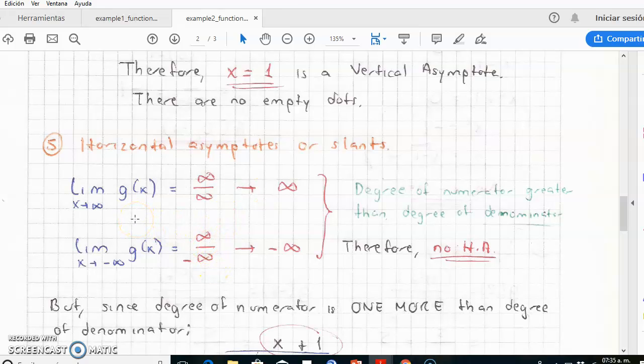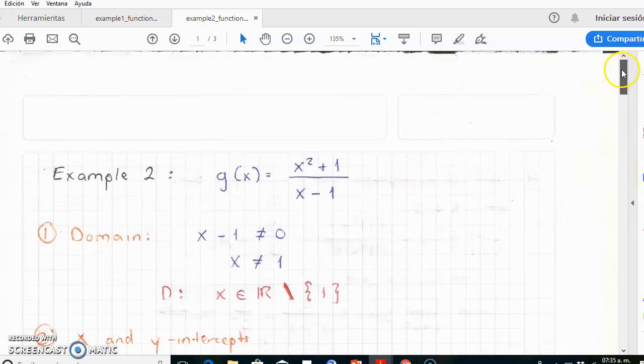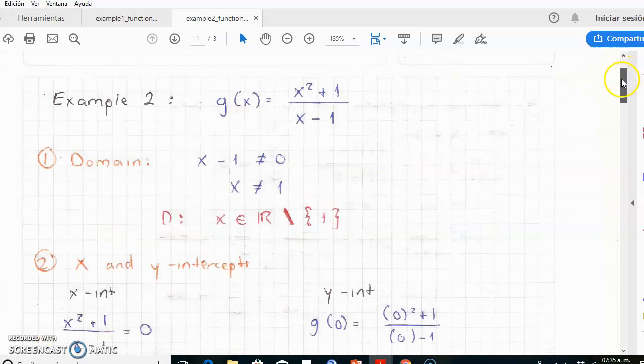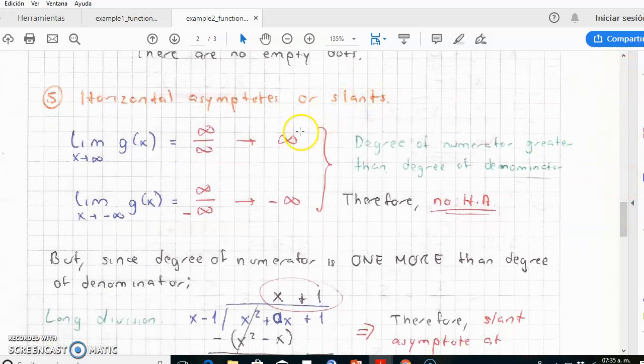In this case, we need to check the degrees for the short procedure. In the short procedure, we see that the degree of the numerator is greater than that of the denominator. Therefore, the answer is going to be infinity and negative infinity.